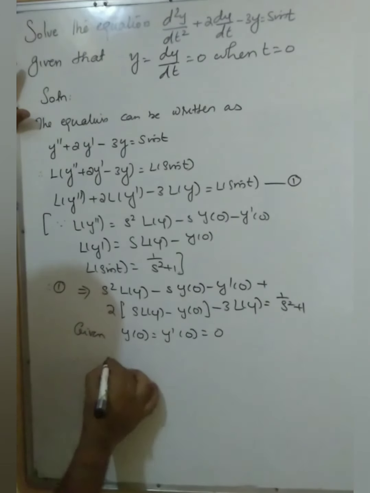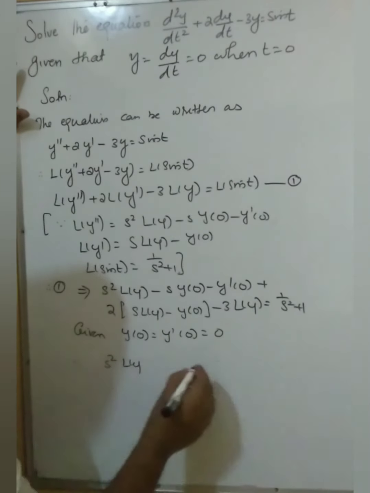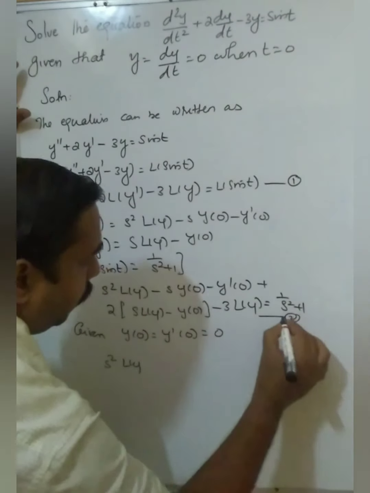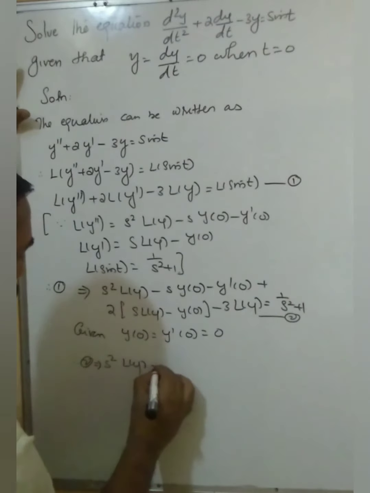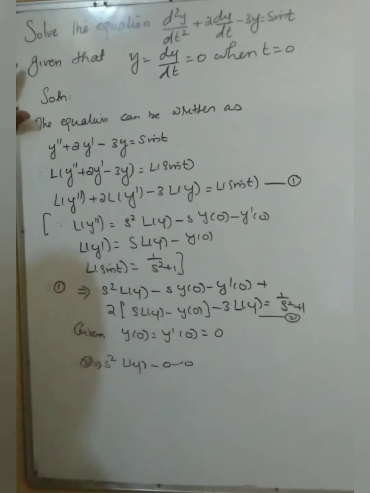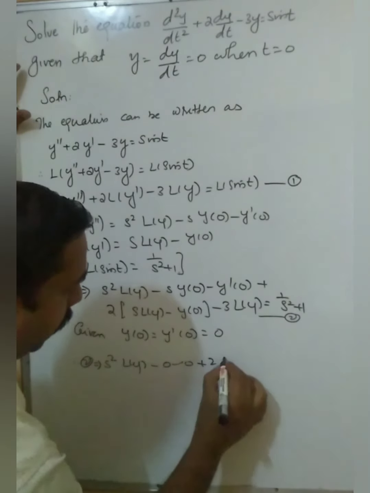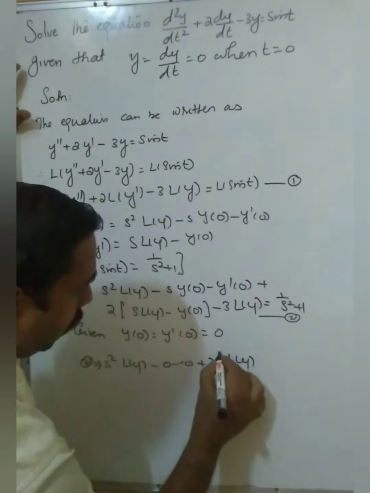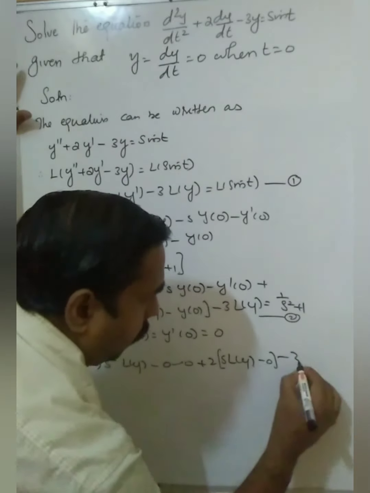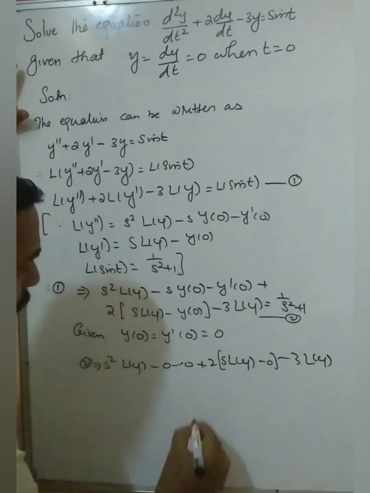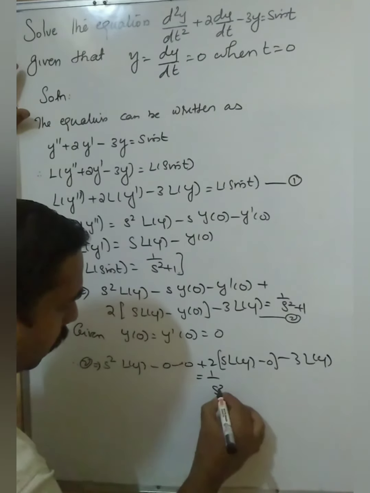Therefore, this is equation number 2. 2 implies s square L of y minus 0, then plus 2 into s into L of y minus 0, then minus 3 into L of y equal to 1 by s square plus 1.